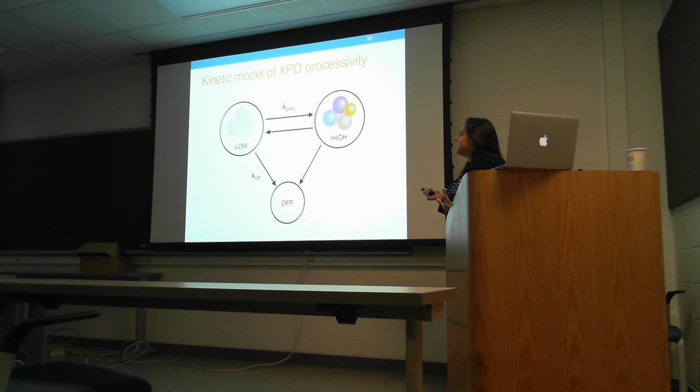So we created this kinetic model of XPD processivity. There are 2 + 1 states: the low processivity state, the high processivity state of XPD, and an off state where XPD completely dissociates. And again, adding RPA would increase the rate into the high processivity state.